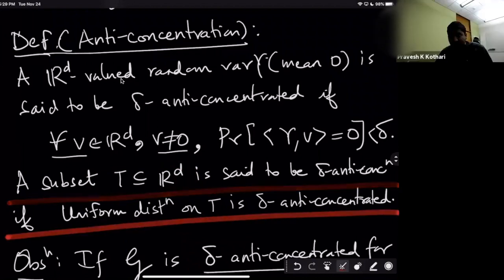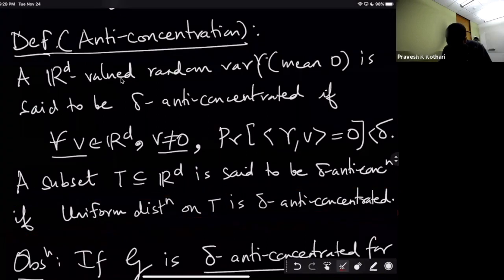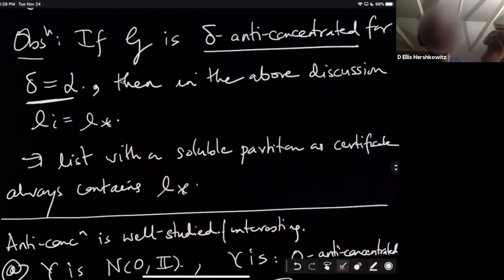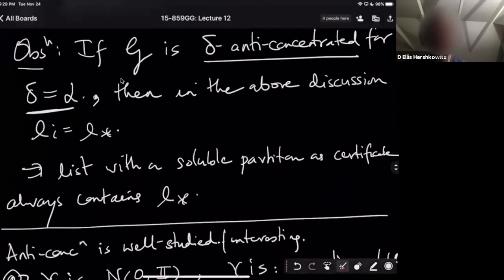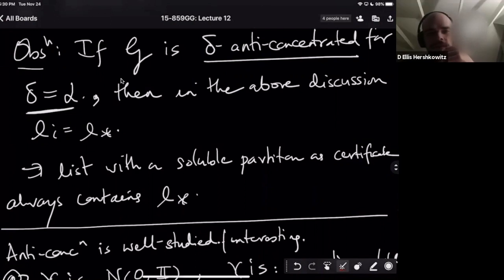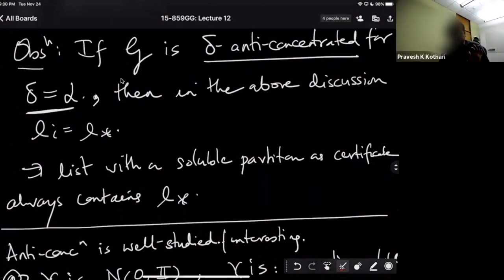Okay. It's more the next step. What do you mean, next step? As in, I don't see why the uniform distribution over the good set being anti-concentrated allows you to say something about whether or not Li and L star have to be equal. Okay, good. So we haven't completely proved that yet, but if there is a soluble partition, so what did we really prove?